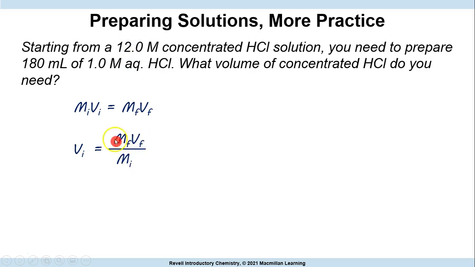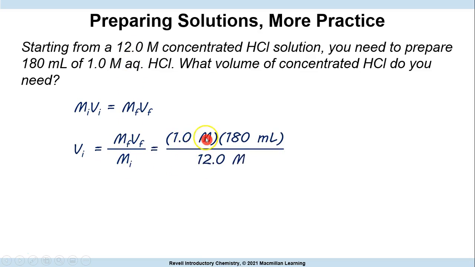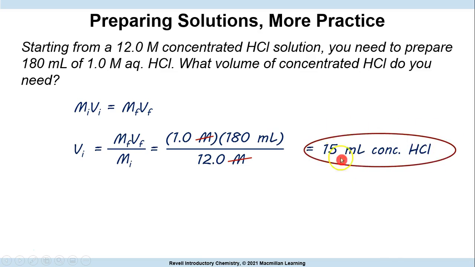We are just going to substitute into this equation. So we have 1.0 for the final molarity, times the final volume, divided by the initial molarity. So molarity will cancel and we are left with the volume in milliliters. So that gives us a value of 15 milliliters of the concentrated hydrochloric acid.